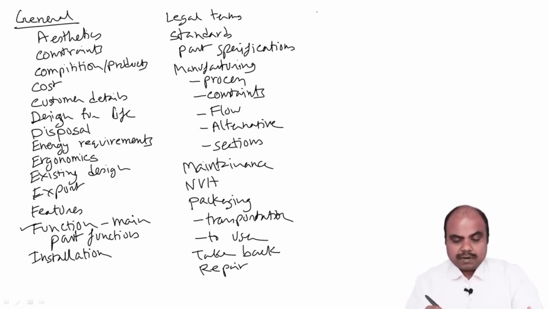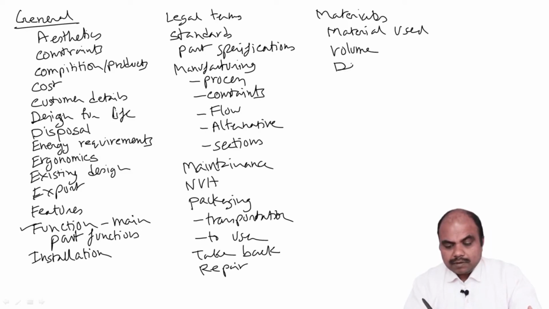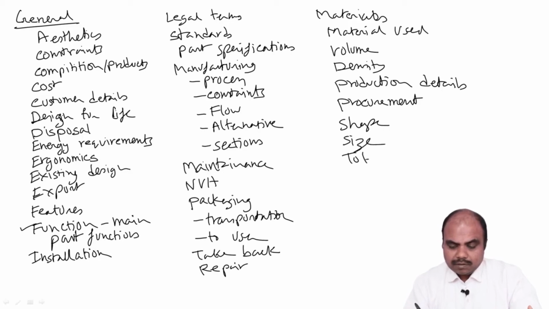Then it could be under materials also. You can say material used, you can say the volume, density, production, procurement, and then shape, size, tolerances, surface finish.